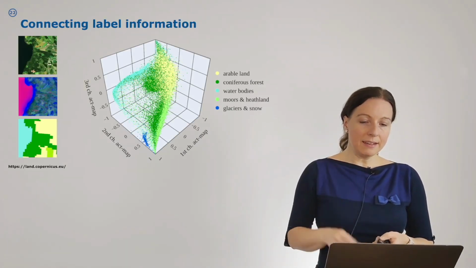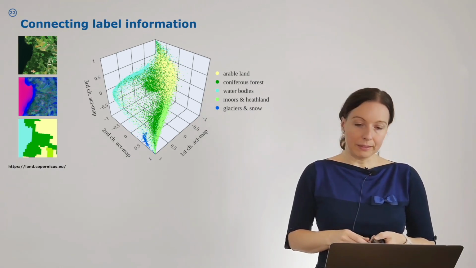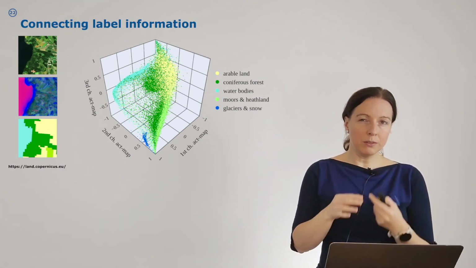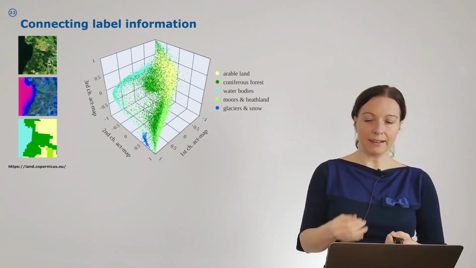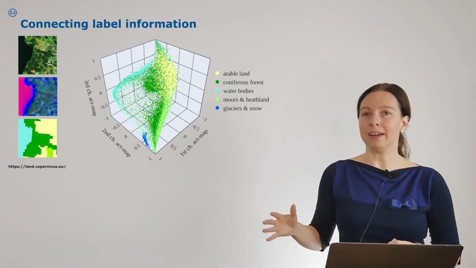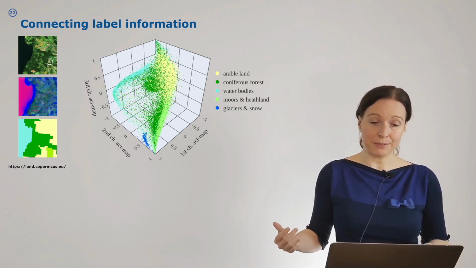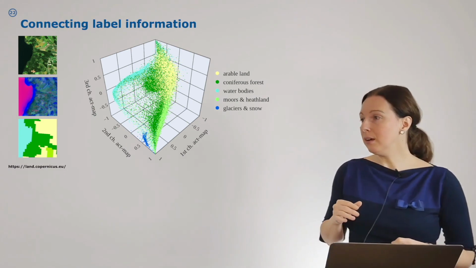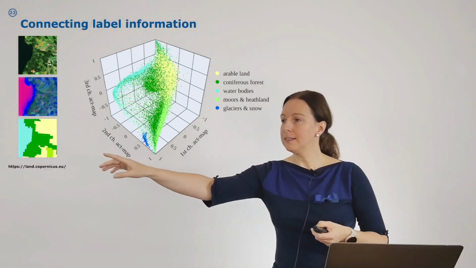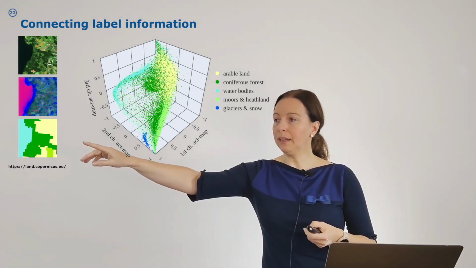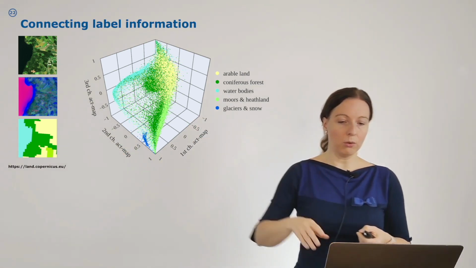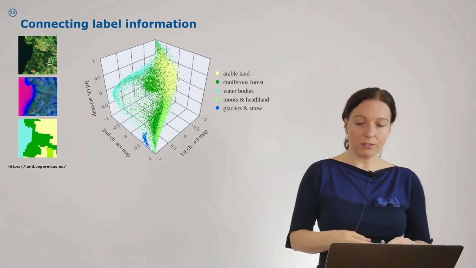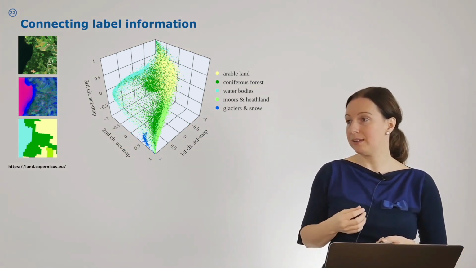And there's another interesting thing we can do. We can connect the activation space to other data, for example, label information. Here you can see a patch from the so-called CORINE dataset together with the satellite image and the activation map.